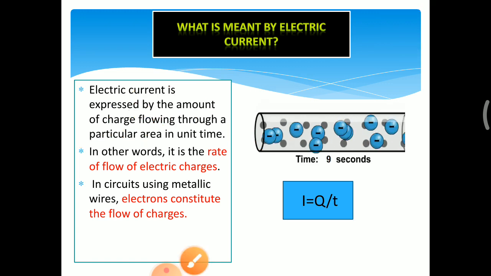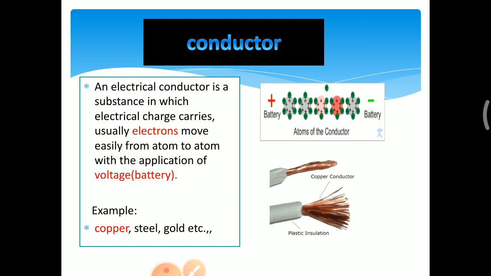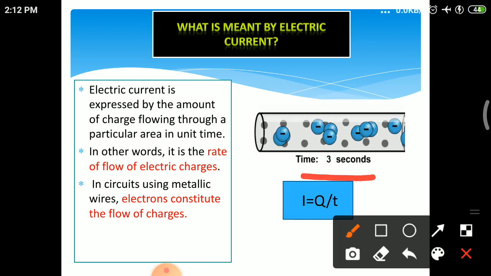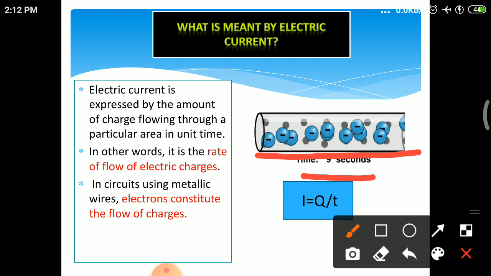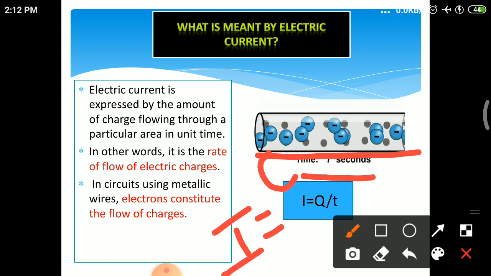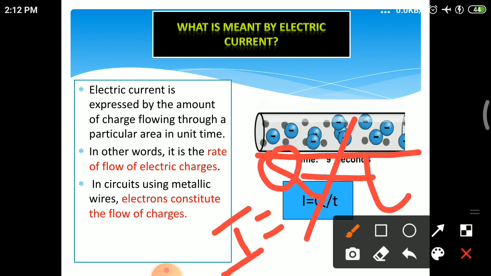So here time is running, and I took the unit area. The electric charges are moving. So it constitutes the electric current. So I can write the electric current I equals Q by T. The Q is nothing but electric charge.